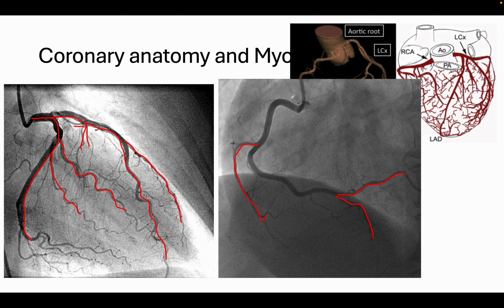So the right coronary artery predominantly supplies the inferior wall of the heart, and it also supplies the posterior wall as well. Please be aware that the PDA branch can sometimes be found on the circumflex as well, in a left dominant system.